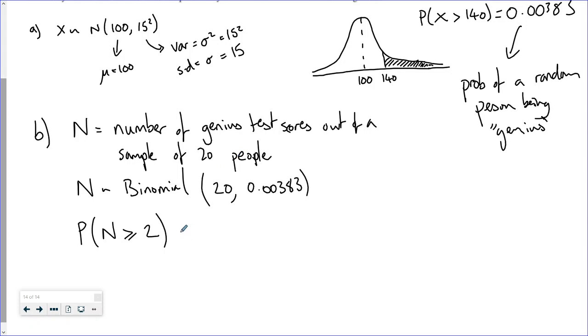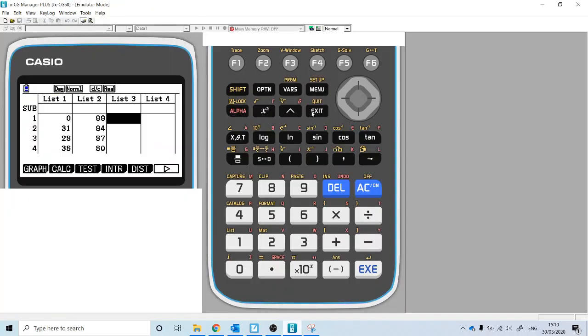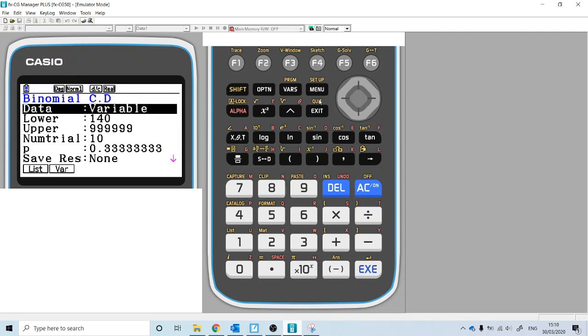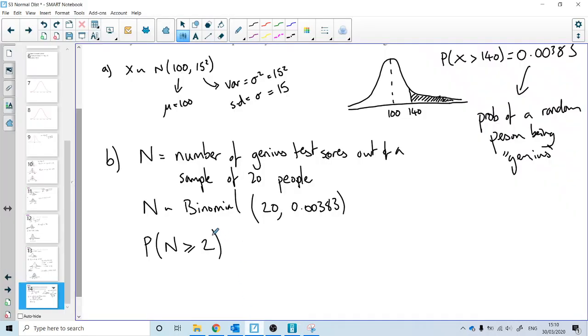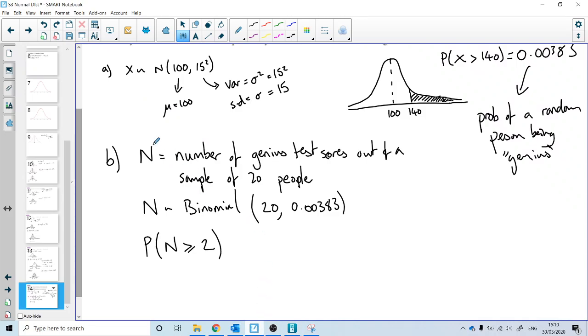So we can actually use our calculators to work this out, and it's a binomial problem now. So if we go to our calculator, if we go to distribution and binomial, we want CD. Our lower, we want 2 or more. So we're going to put our lower as 2 and our upper as, well, we want to count up all the probabilities of having 2 people, 3 people, 4 people, 5 people, all the way up to 20 people being geniuses.